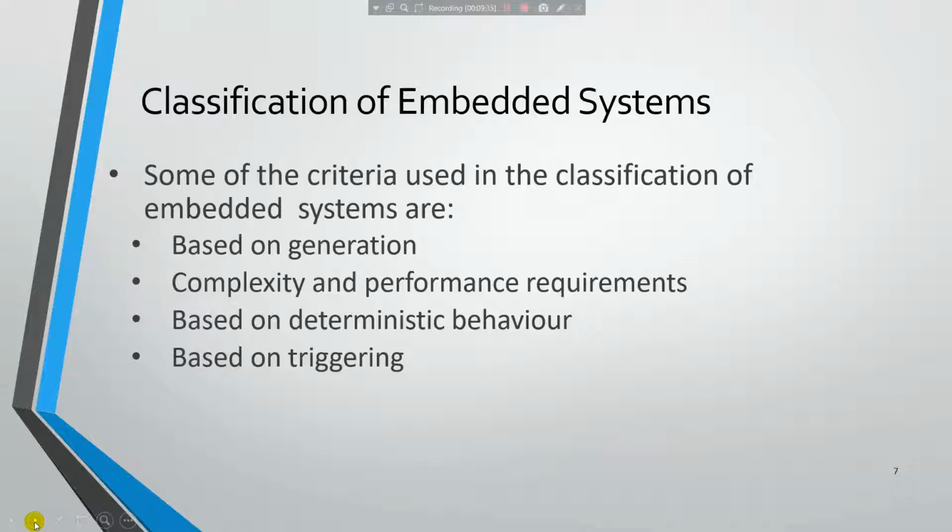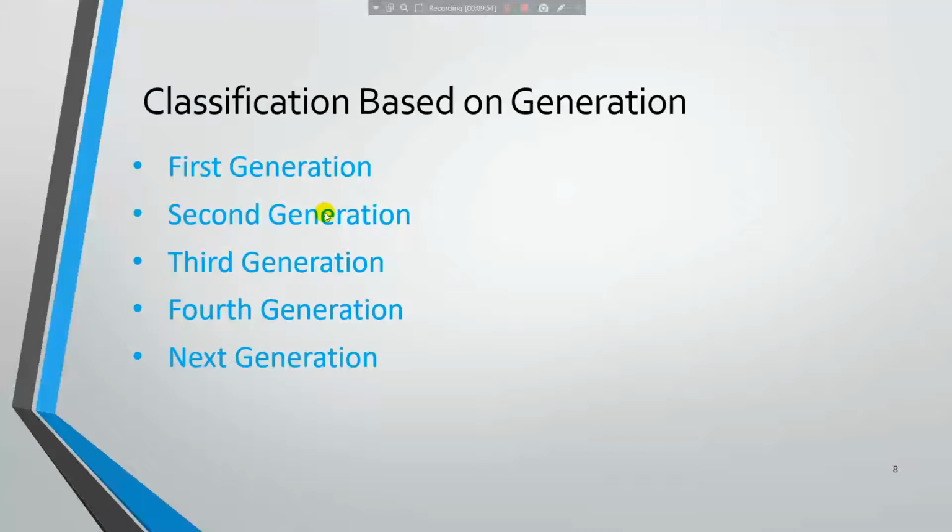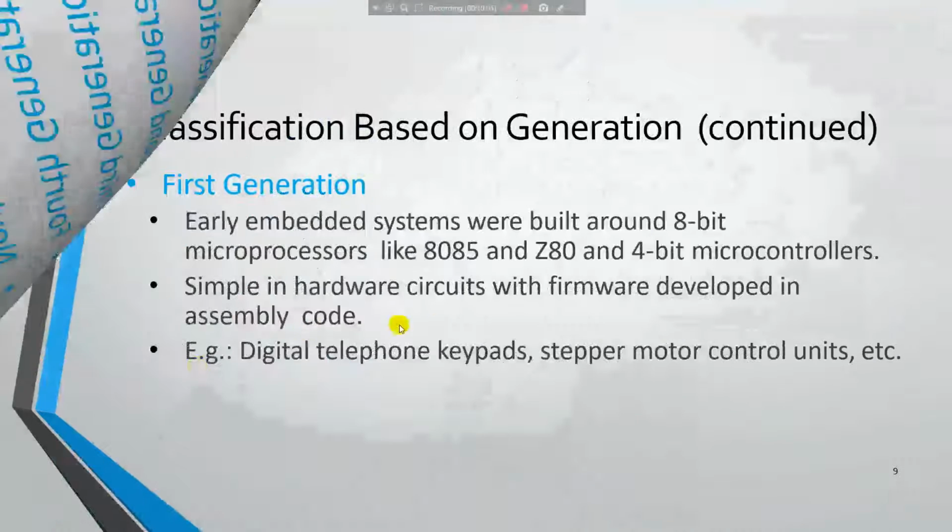These are the classifications of embedded systems. Based on generations, we will see the first generation, second generation, third, fourth, and next generations, and how the classification was put forward.